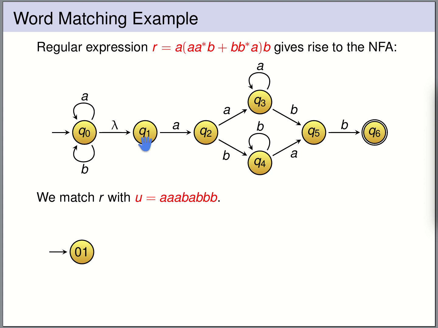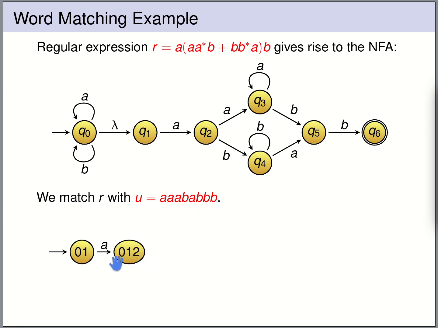And from Q0 we can also immediately take a lambda transition and then an A. So also Q2 is reachable. From Q1 via an A path we can also reach Q2, but this was already reachable from Q0 via an A path. So what do we get? If we read an A, then we get to a state that contains Q0, Q1 and Q2.